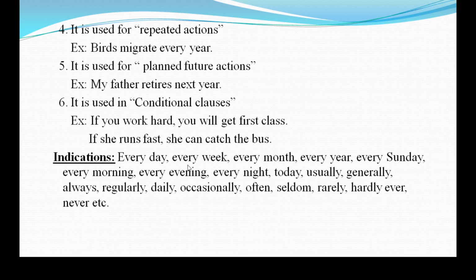Here: every day, every week, every month, every year, every Sunday, every morning, every evening, every night, today, usually, generally, always, regularly, daily, occasionally, often, seldom, rarely, hardly ever, never, etc. By using these key indications, we can find out the tense form of the sentence.